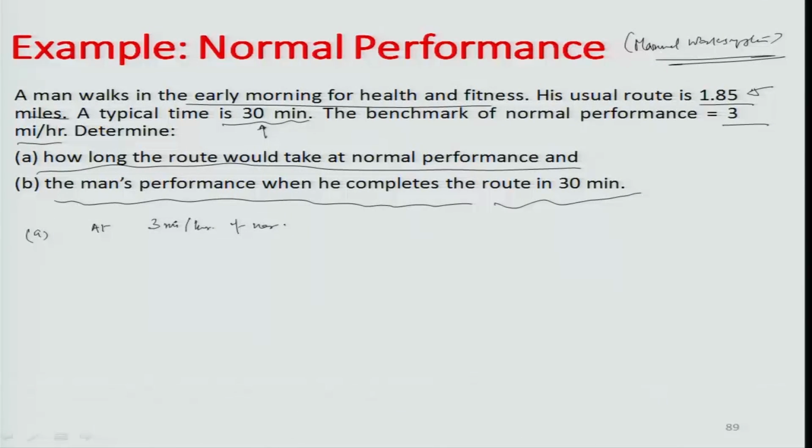of normal performance of a person, the total time that he will take to cover 1.85 miles is about 37 minutes.